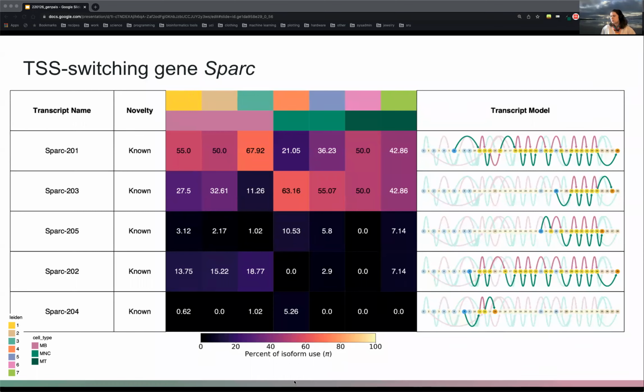And so here, what you're seeing is that basically the myoblasts, which are shown by this little pink category here, broadly tend to express this longer isoform that uses this 5' end or something in the realm of where this 5' end is. Whereas when you start to differentiate, you get into the MNCs or the myotubes, you can see that the majority of the isoform usage is really attributable to one of these shorter isoforms here.